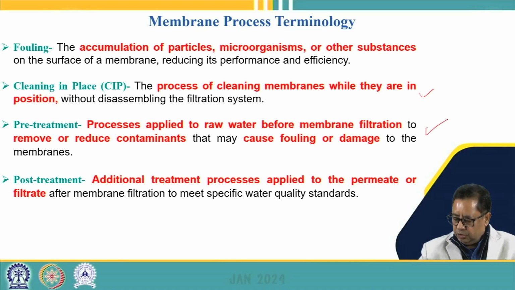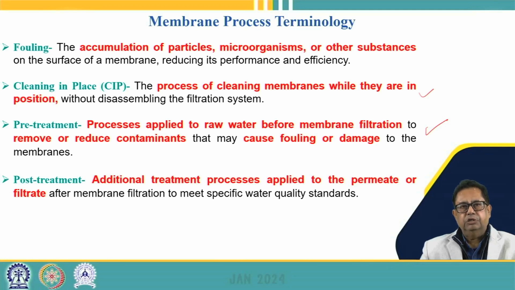Similarly, because of the fouling mechanism, it is very important that we go for pre-treatment of the water or wastewater that is being subjected to the membrane. These are the processes applied to the raw water before the membrane filtration, so that they can reduce the contaminants that may cause fouling or damage to the membranes.